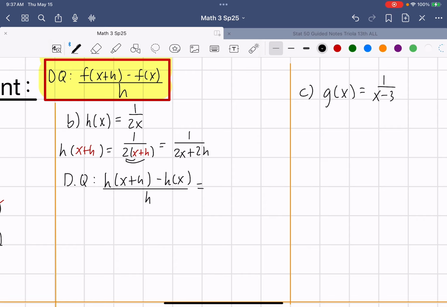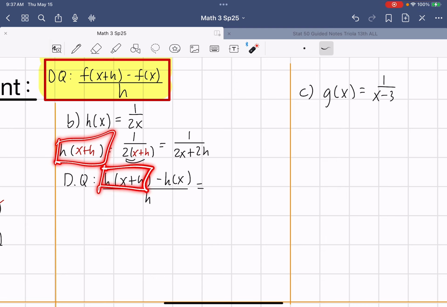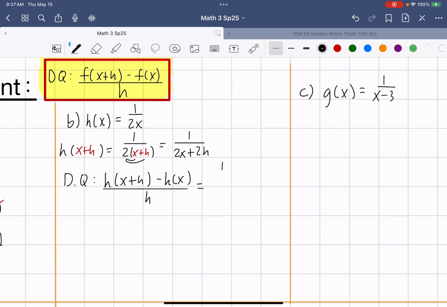And I'm going to substitute, this is x plus h, this is x plus h. I'm substituting with what we evaluated with. So that's going to be 1 over 2x plus 2h minus, and then just whatever h of x is, which is this 1 over 2x, all over h.